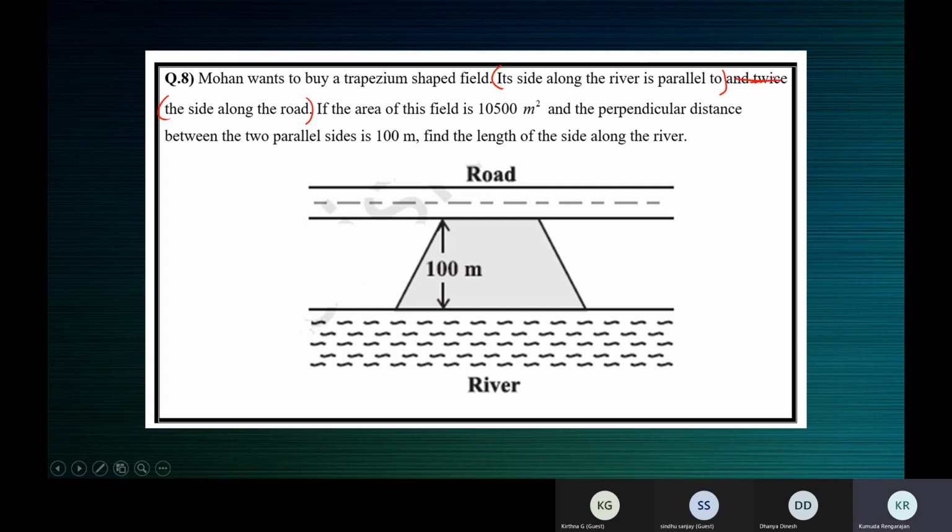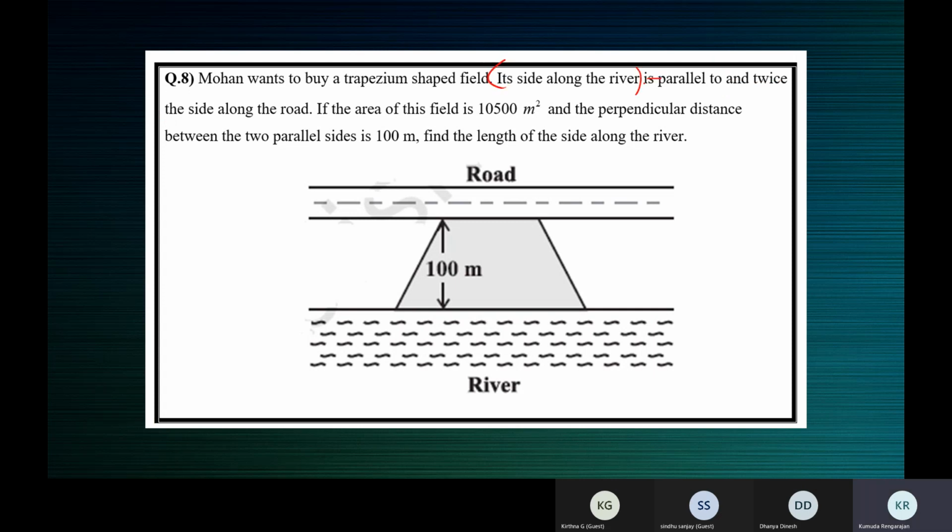Its side along the river is parallel to the side along the road. Is that clear, children? Yes, ma'am. Now let's read the other information, which is after and.